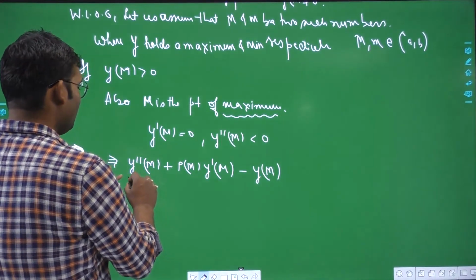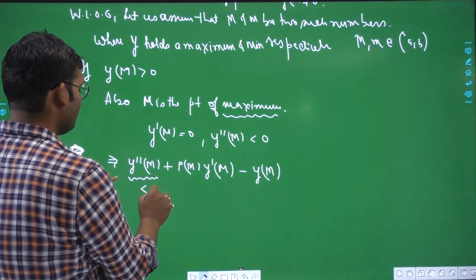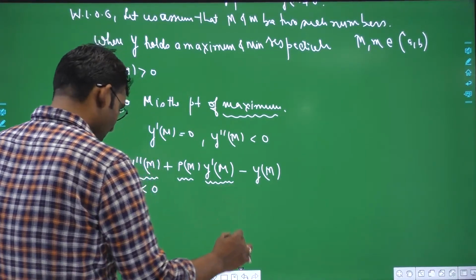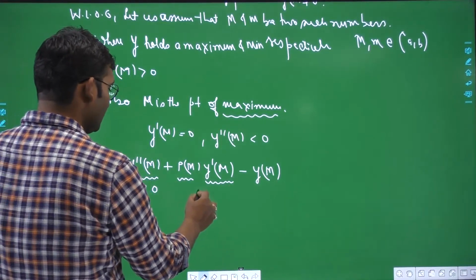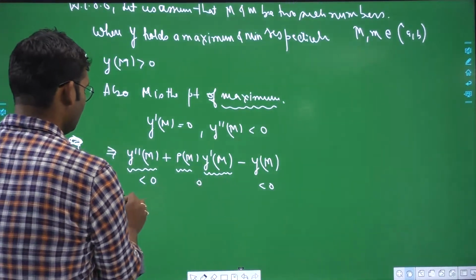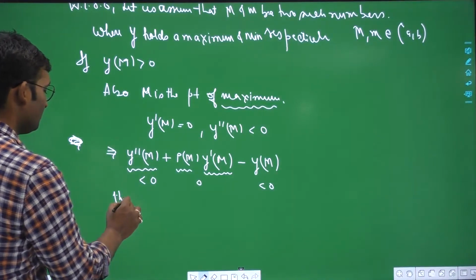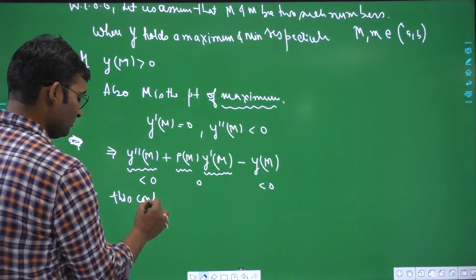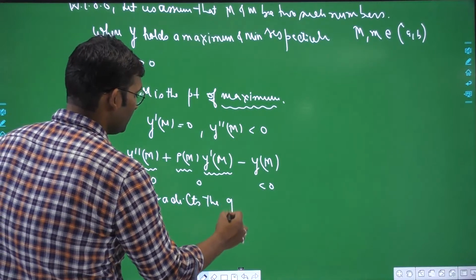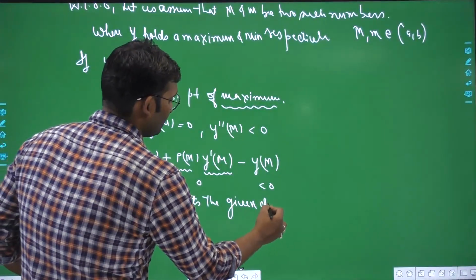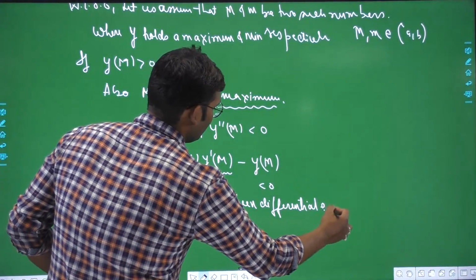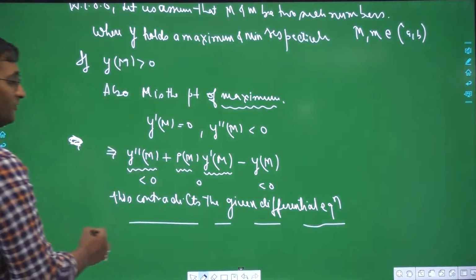Your y double dash M will be negative, p(M) into y dash M will be 0, and y(M) will be negative overall. So this contradicts the given differential equation.